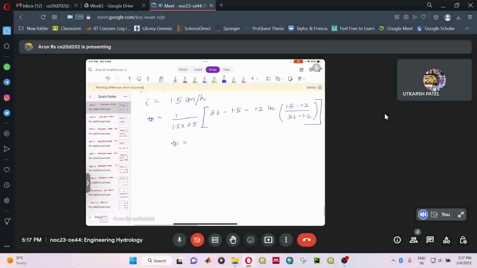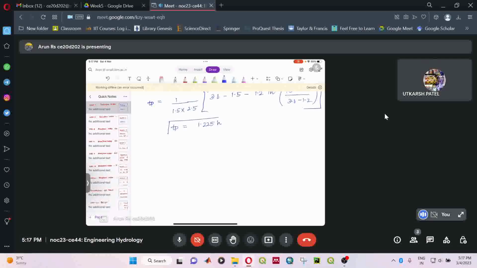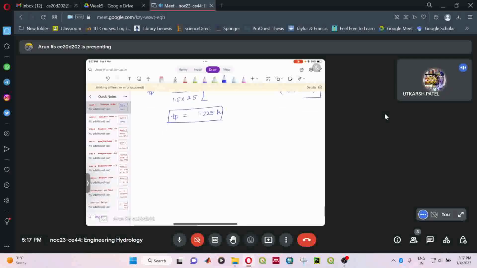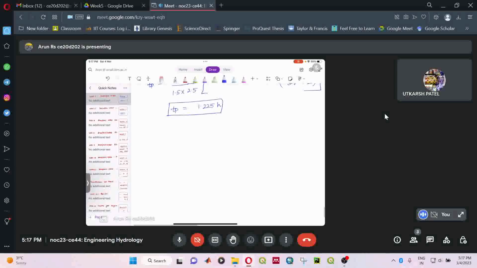So the ponding time will be equal to 1.225 hours. This is how you estimate the ponding time for Horton's equation.